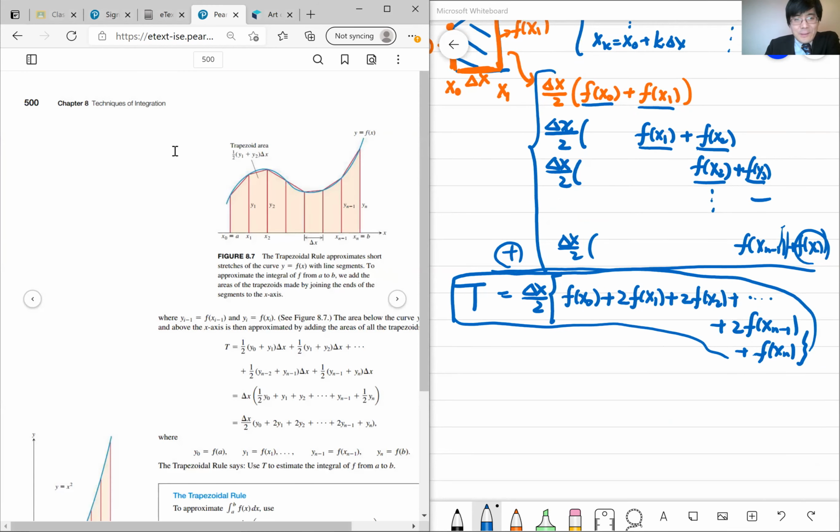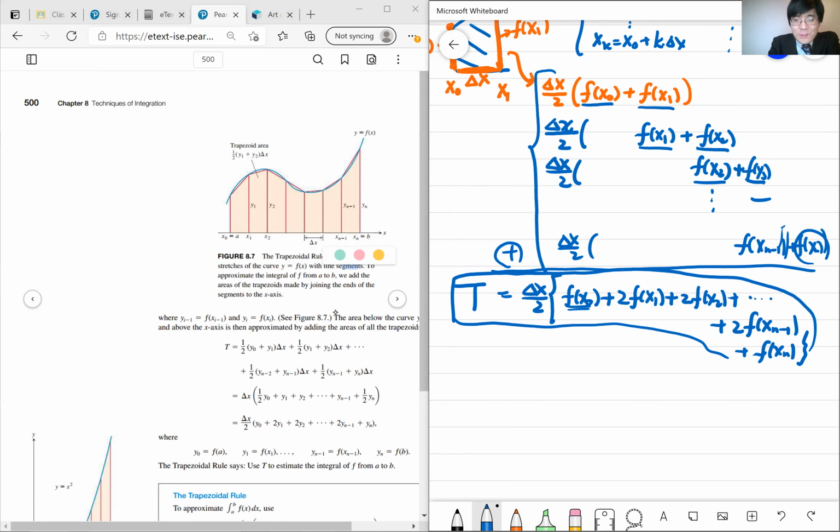So here's the idea of the trapezoidal rule. It approximates a short stretch of the curve with line segments. To approximate the integral of f from a to b, we just add the areas of the trapezoids made by joining the endpoints of the segments to the x-axis. Here it says y1, y2, y3; it is the same thing as this.